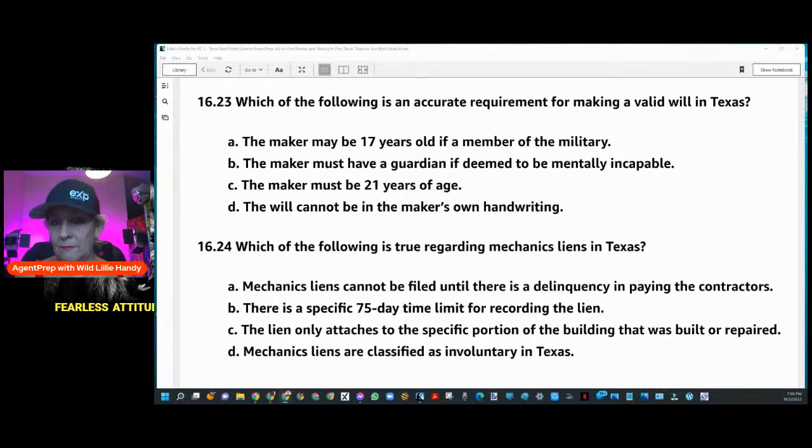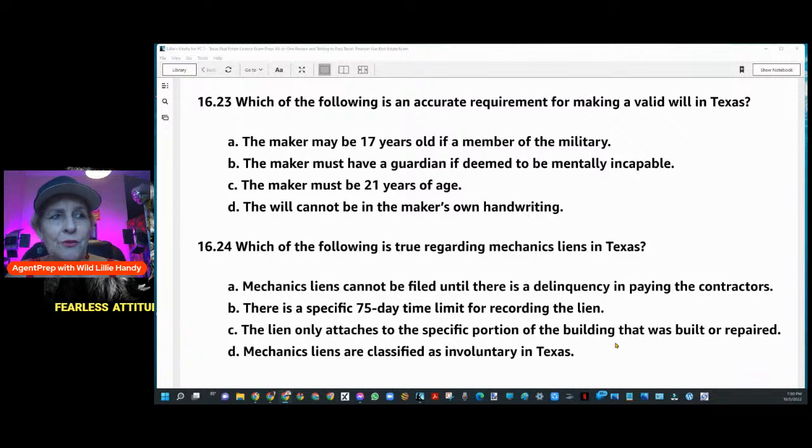And it gets attached to the whole property, not just part of the property, right? And mechanics liens cannot be filed until there's a delinquency in paying the contractors. I mean, yes, because how else are you going to know? But there is a 75-day limit. What if they do it 6 months later, a year later? Well, that's past the statute of limitation.